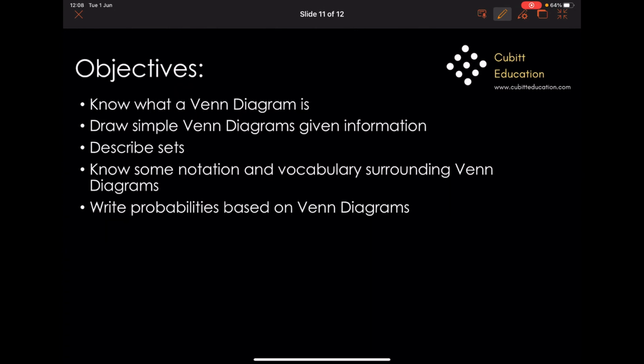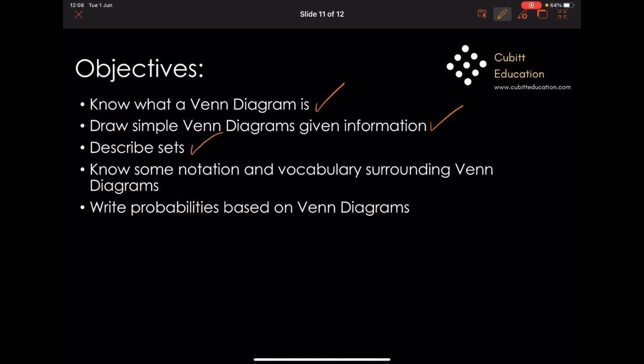All right, so hopefully now you know what a Venn diagram is. It's basically just a diagram where you put values in either side of the circle, and then anything that's in both of those sets would go in the middle. You've drawn some simple Venn diagrams when given information.